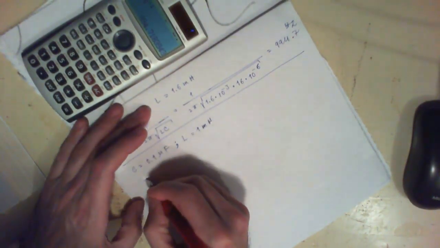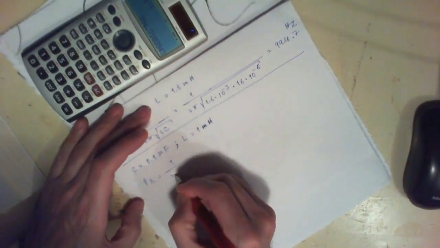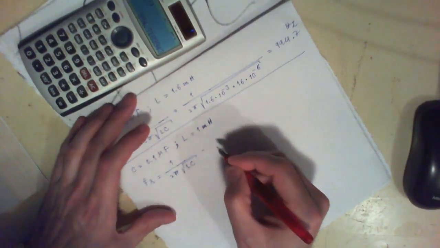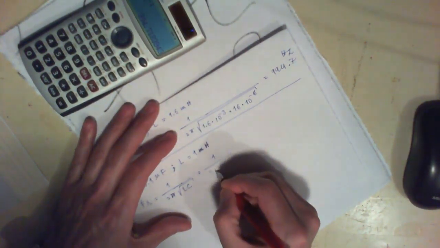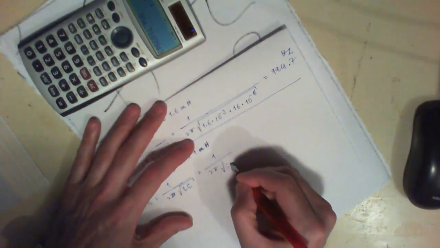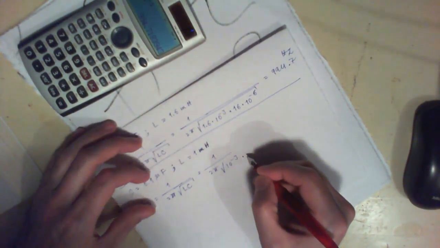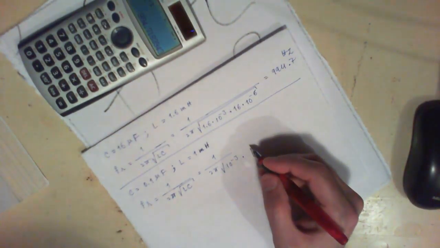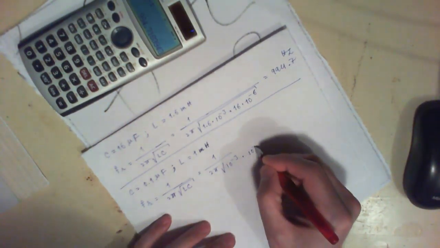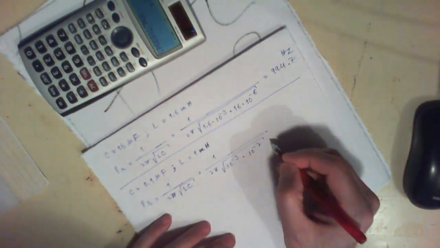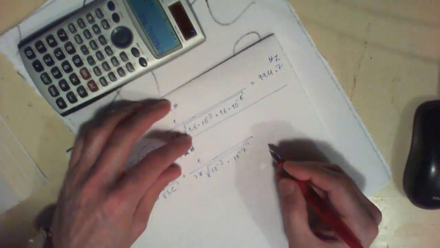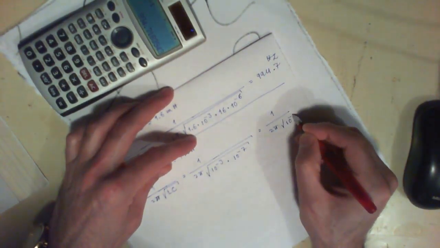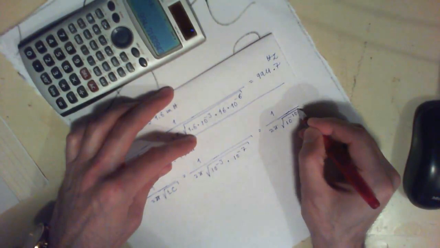Then your resonant frequency is equal to 1 over 2 pi the square root of LC, which is 1 over 2 pi the square root of L, 1 millihenry, 10 raised to the power negative 3, times 0.1 microfarad. So that's 0.1 into 10 raised to the power negative 6, which is 10 raised to the power negative 7. That's the same thing as 1 over 2 pi the square root of 10 raised to the power negative 10.